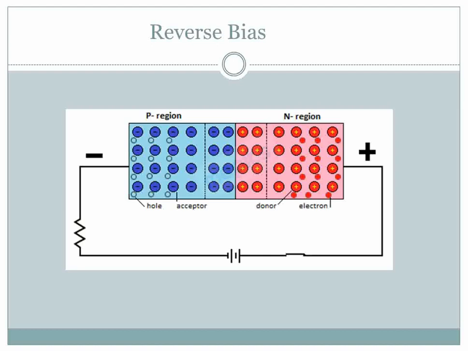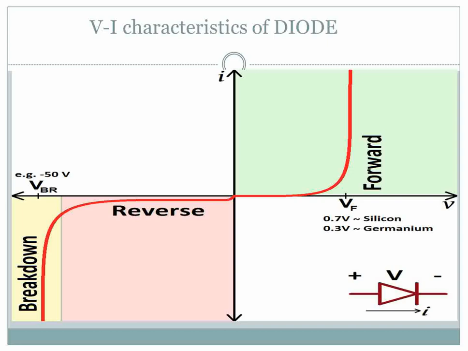Okay, so this is the VI characteristic of the diode. Initially we apply zero voltage and there is no current flow, up to 0.7 volts for silicon and 0.3 volts for germanium. Up to this voltage, the barrier will not allow the flow of electrons as well as holes.